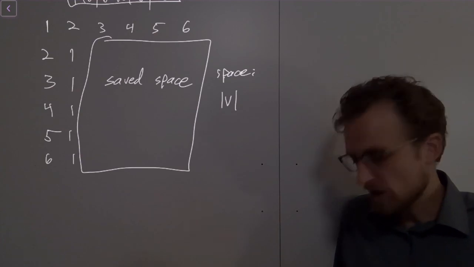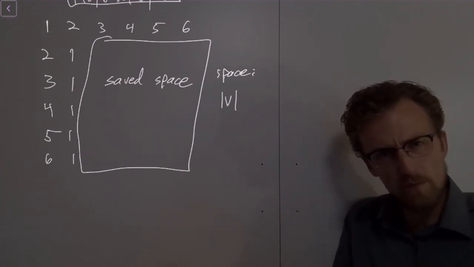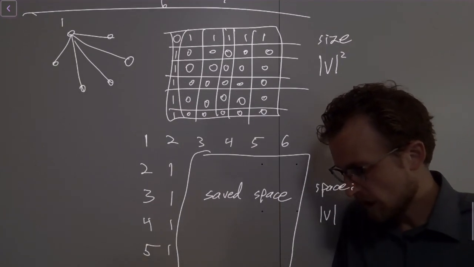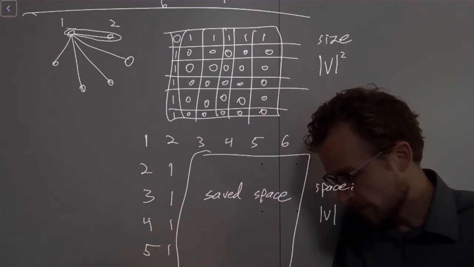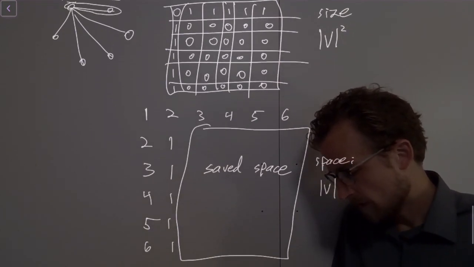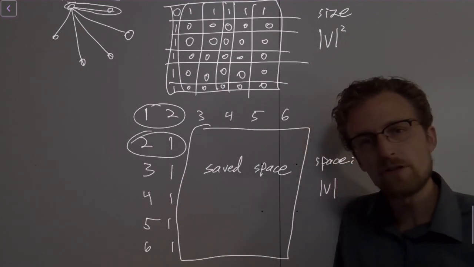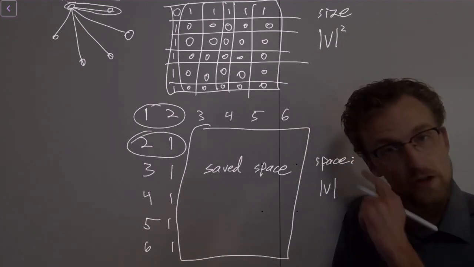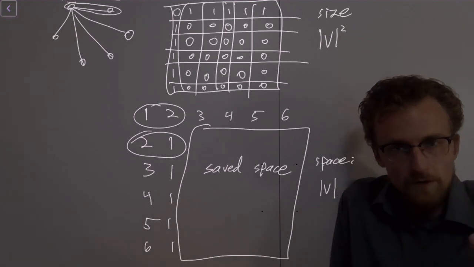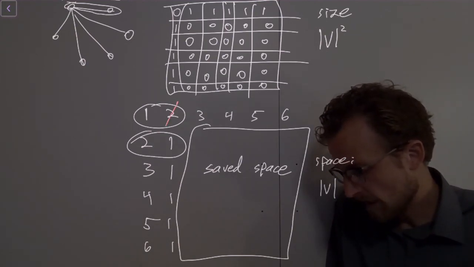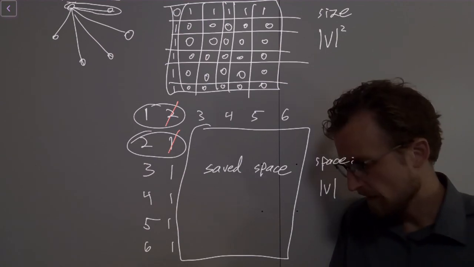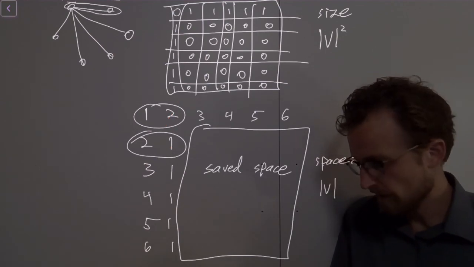So each edge appears twice. What do I mean by that? Let's think about this edge between 1 and 2. Well, that appears here, and it also appears here, but it appears nowhere else. If I removed that edge, it would take this out and it would take this out.